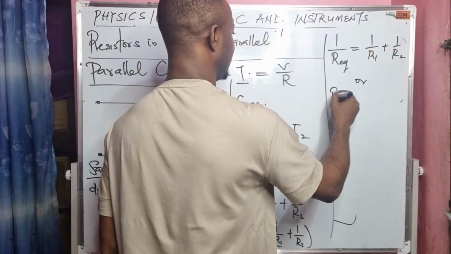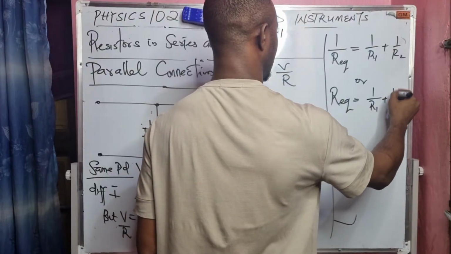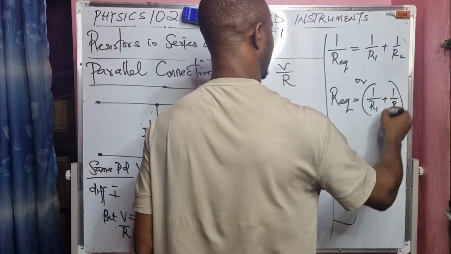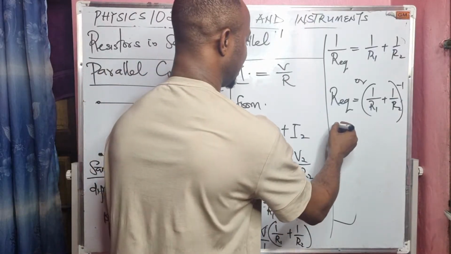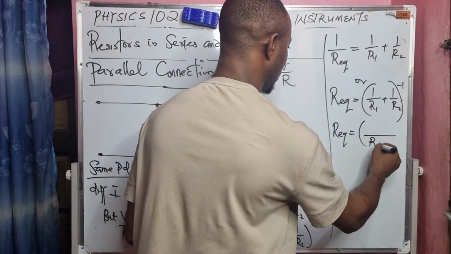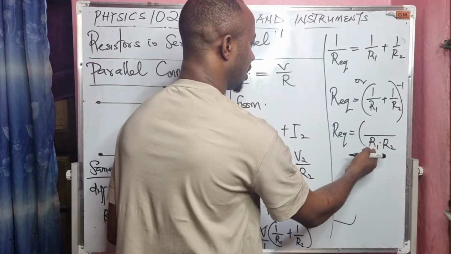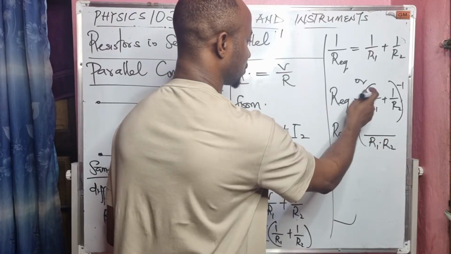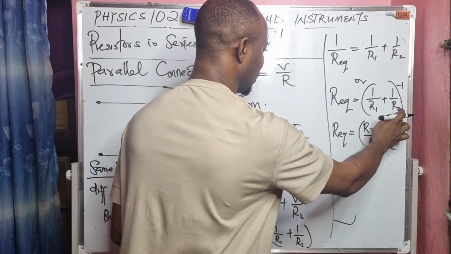Alternatively, I can also say R equivalent equals 1 over R1 plus 1 over R2, all to the power of minus 1. Or we can also say that R equivalent equals, what is common here is R1 times R2. When you divide this by this, R1 will cancel R1. That means R2 will remain. R2 times 1 will give us R2. Divide R2 by R2, R2 will cancel R2.